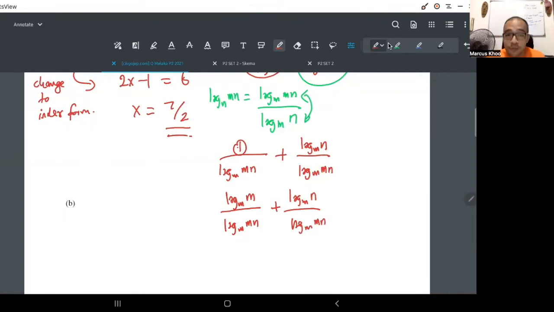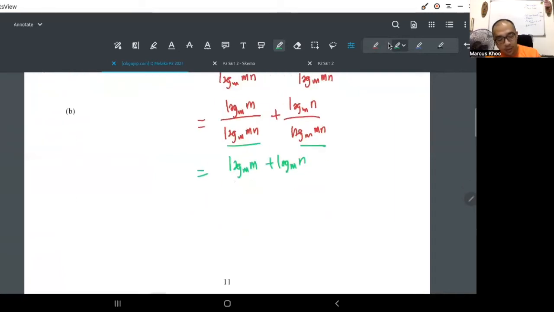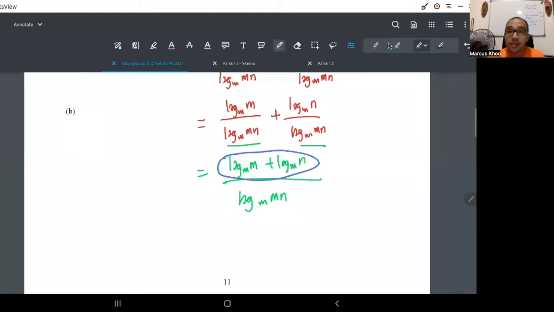So frustrating. Then, oleh sebab dia punya bawah adalah sama, maka saya boleh gabungkan. Log_m m plus log_m n over log_m mn. Saya geram sudah ni menulis ni mn banyak-banyak kali. This one is the first log law.